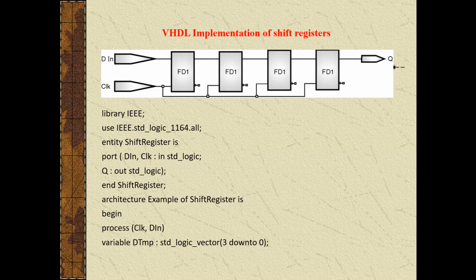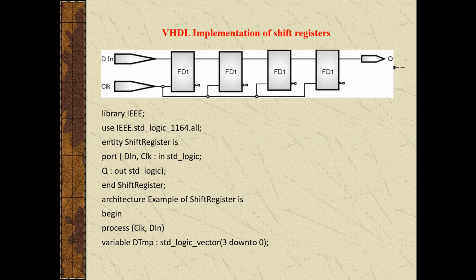And let's see how to write the code for the shift register here. First, we have to begin the coding with the library: library IEEE; use IEEE.std_logic_1164.all. These two lines are mandatory and should come first, and then we write the entity.